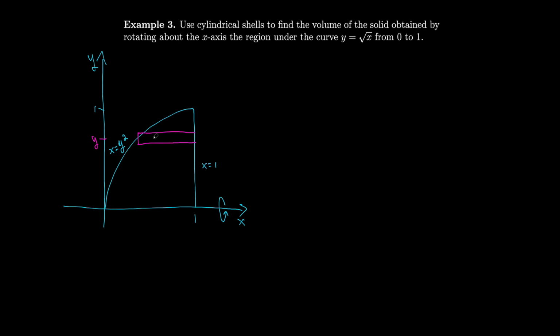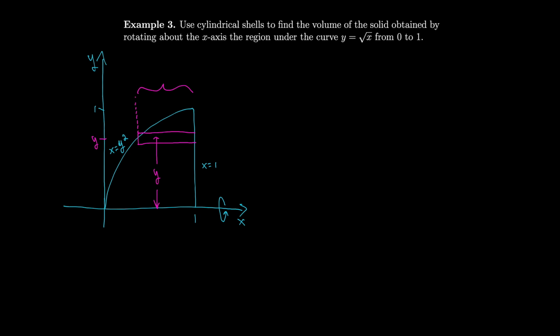Then here's the radius. It's the y value this time, because from here to here is the radius of the shell, and that's the height of the function. So this is how tall the shell is.